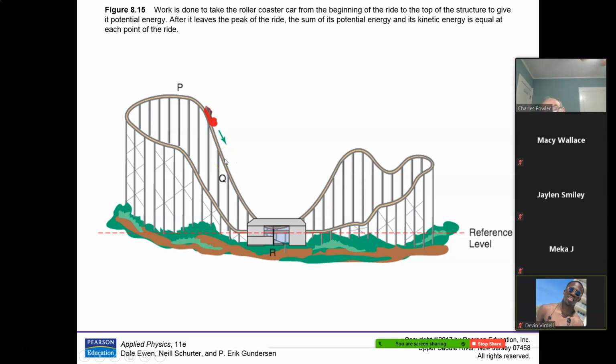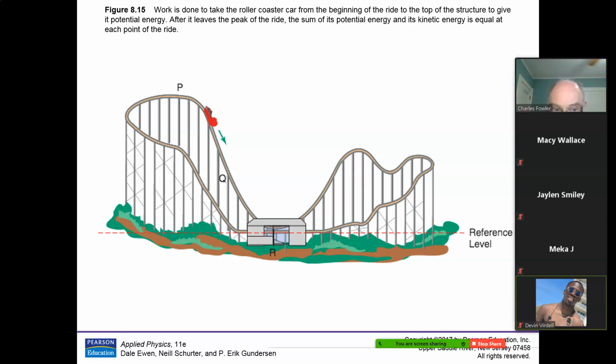There's still some kinetic energy in it. And then it increases again, kinetic energy. As it falls, it dips and changes its direction again and starts decreasing again. Okay, comes again and ultimately goes past here. Now, if they stop the ride there, you're done. That's your zero reference level. However, if you go a second time, supposedly you'll get all the way back up to where you were before.